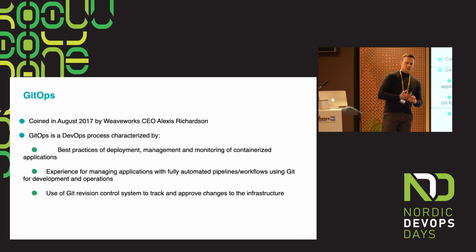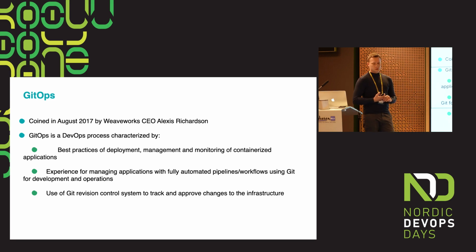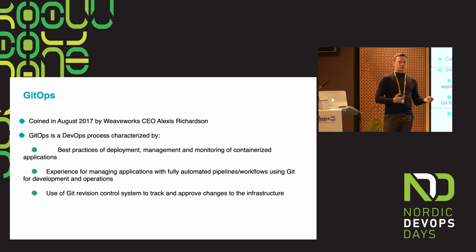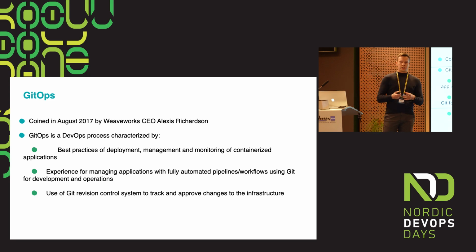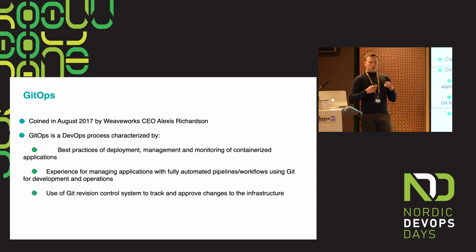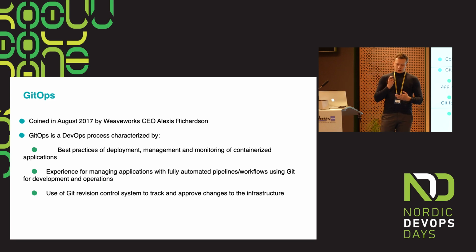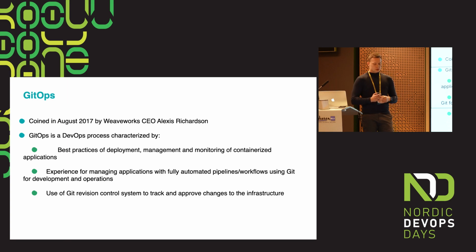In August 2017, Weaveworks coined the term GitOps, which tackled that problem. They released a software as a service tool called Flux, which incorporated this so-called GitOps. GitOps is a DevOps process that provides best practices for deployment, monitoring, and management of containerized applications.